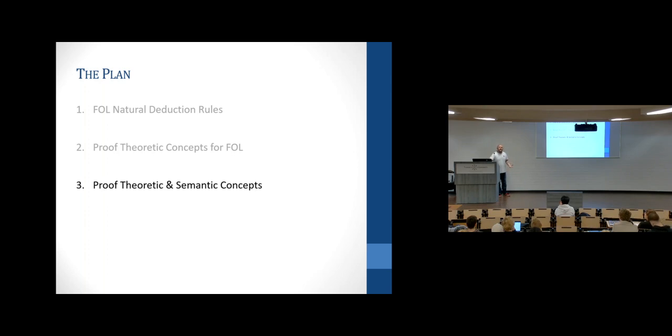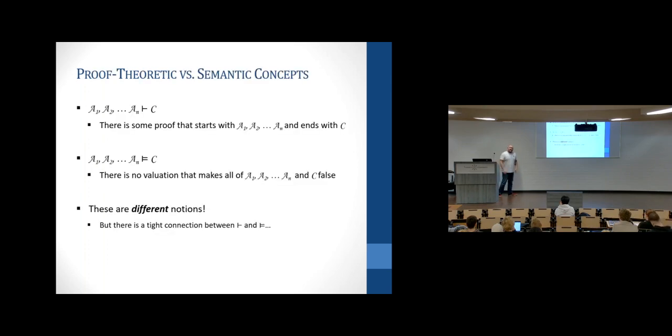Now, as you remember from last week, I think it was, we talked about how the single turnstile and the double turnstile match up. They're different notions. The single turnstile means there's some proof that starts with the stuff on the left and ends with the sentence on the right. The double turnstile means either that there's no valuation, if we're thinking of TFL, but what was it in FOL?